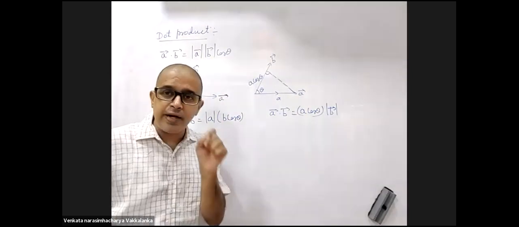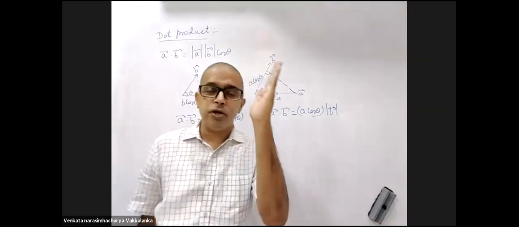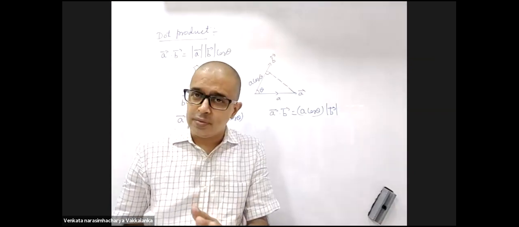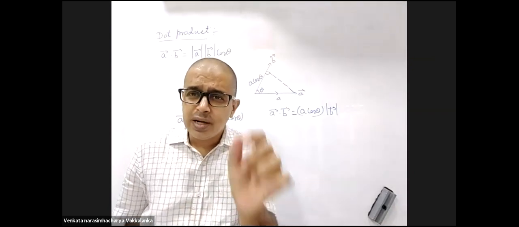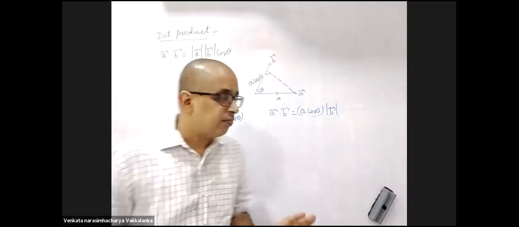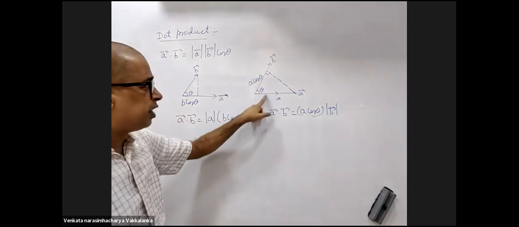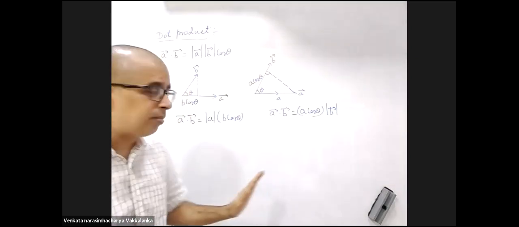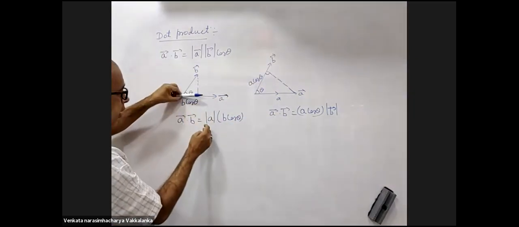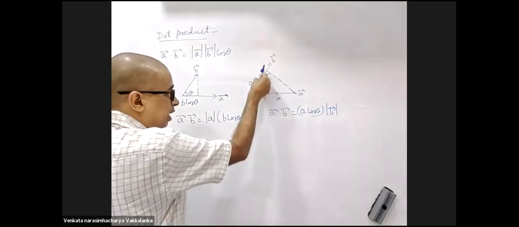So bottom line, dot product is projecting one vector on the other vector and multiplying both the magnitudes. Either you project A on B or you project B on A. I have no problem either way.